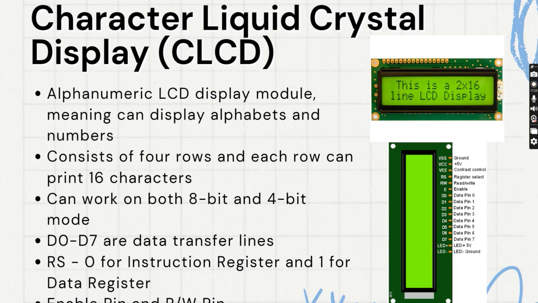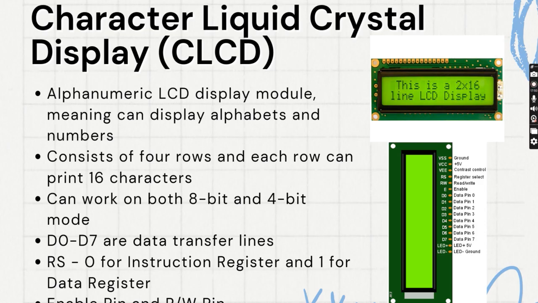Next, the character liquid crystal display, also called CLCD. It is used as a monitor in our project. It displays whether the washing machine is on or off, and what modes are present in the washing machine. It can display both alphabets and numbers.